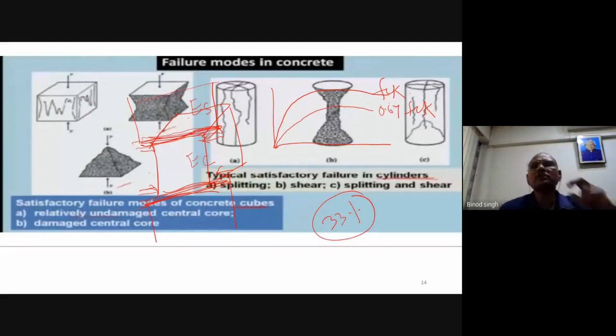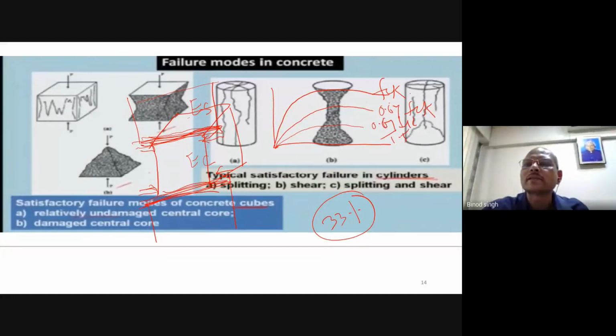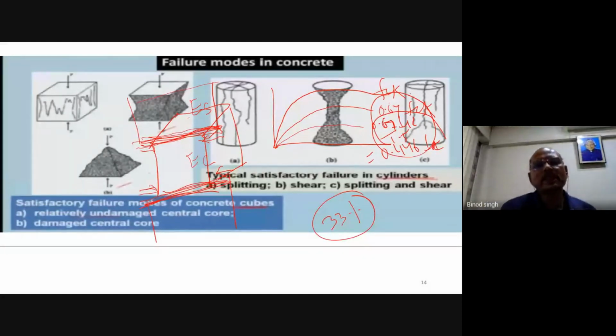Actually, if you do the testing there is variation, and here we take 33%. Then we provide the partial safety factor, fck divided by 1.5, depending on the material. So finally we are getting 0.446 fck. So there is a platen effect. Due to that confinement, you will not get the crack like this, this vertical crack.